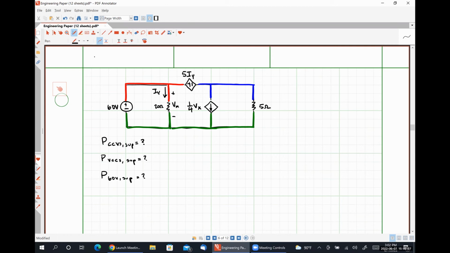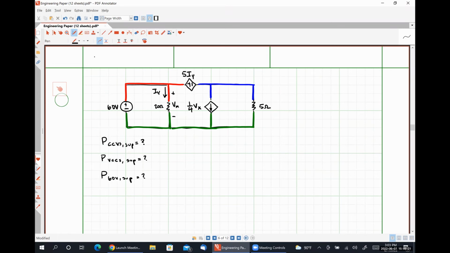Yes. Do you know which of the two observations is helpful? So what did I say earlier about things that are connected in parallel? When elements are connected in parallel, they share the same voltage, okay?